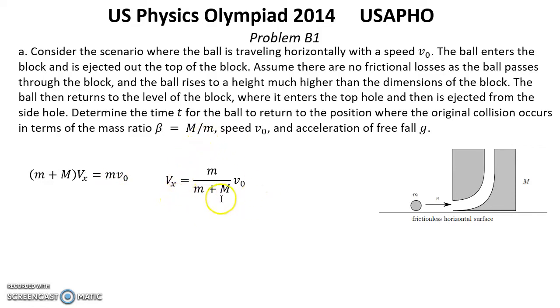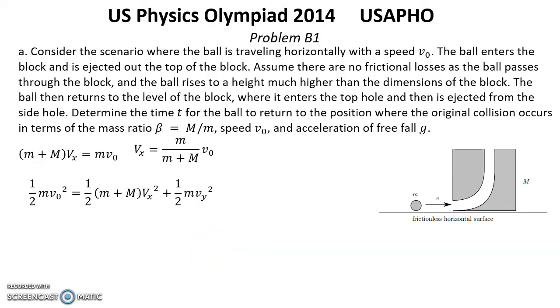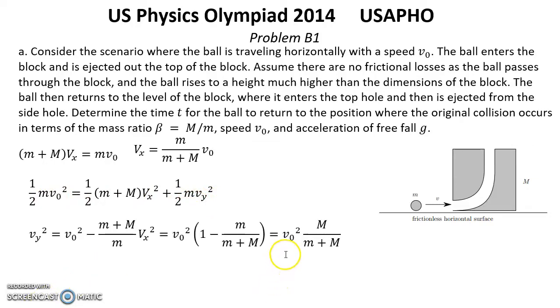This is this expression. And now we can find, using energy conservation, the initial vertical velocity of the ball. From this energy conservation we can find Vy square. That will be this expression, V0 square multiplied by M over m plus M. And now we can find the time of flight for the block.